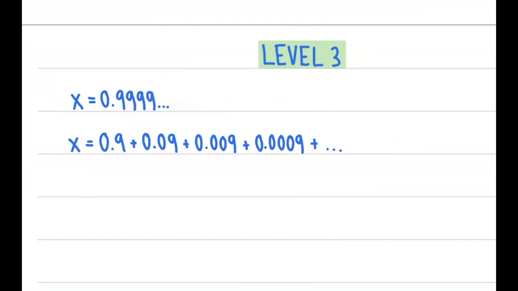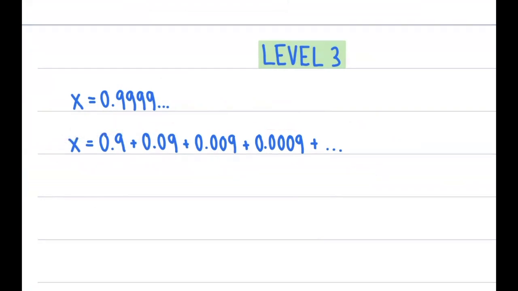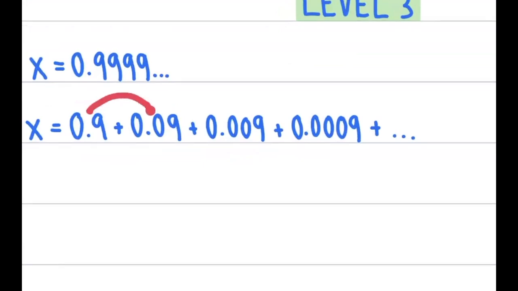So this is called a series. This is a special kind of series called a geometric series. Shout out to the Taylor series video. Absolutely. This is a geometric series because every single term is 0.1 times the previous term.